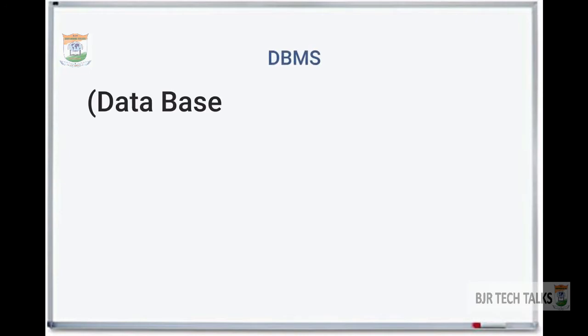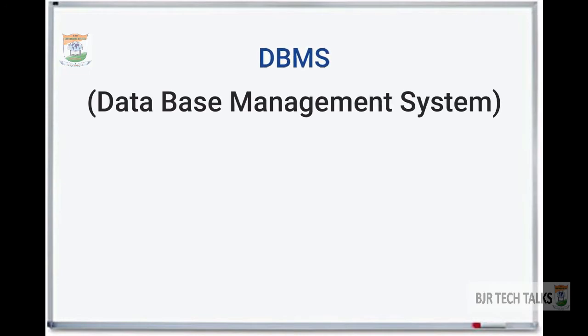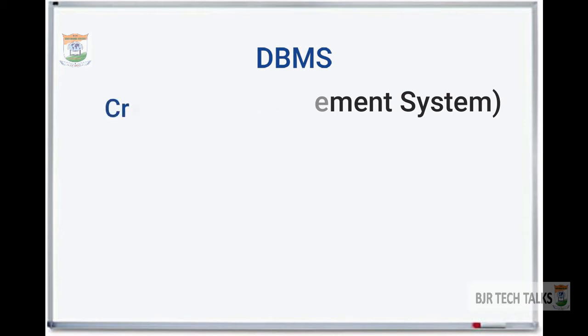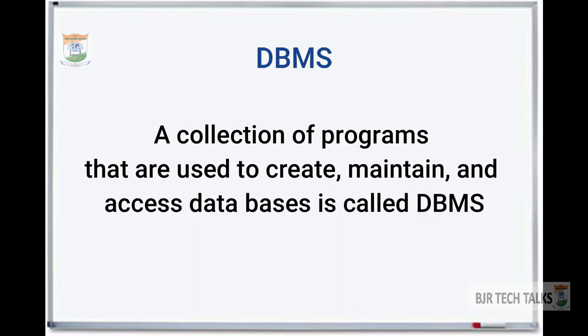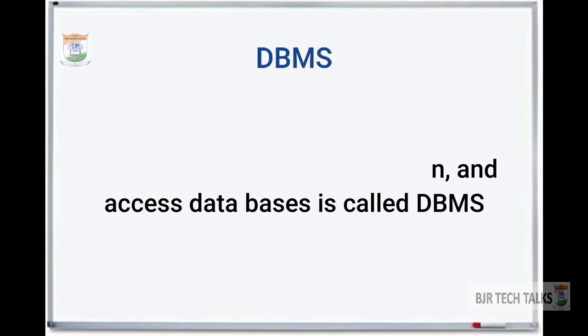DBMS, Database Management System. DBMS is a piece of software that manages databases and lets you create, edit and delete databases. Coming to the main definition, a collection of programs that are used to create, maintain and access databases is called DBMS.